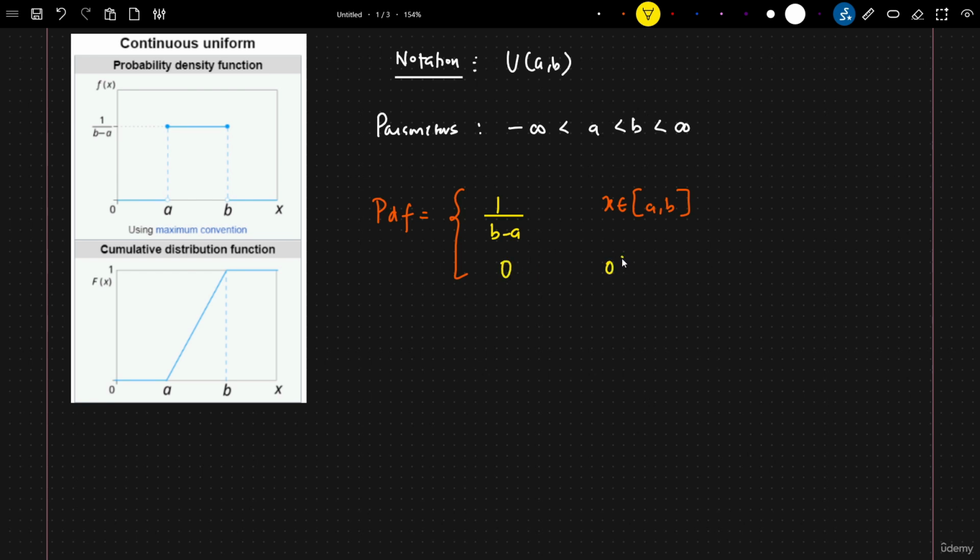Otherwise it will be 0. So if it is less than A, it is 0. If it is greater than B, it is 0. And when it is between A and B, it is 1 divided by B minus A.